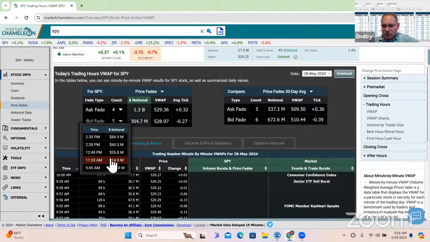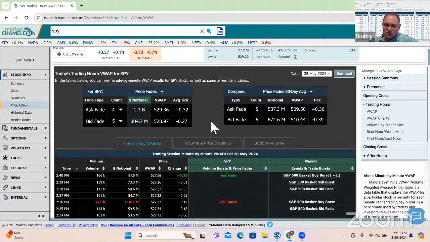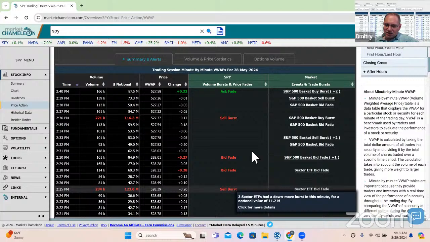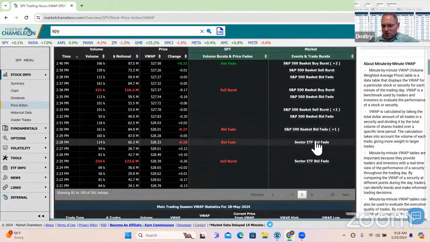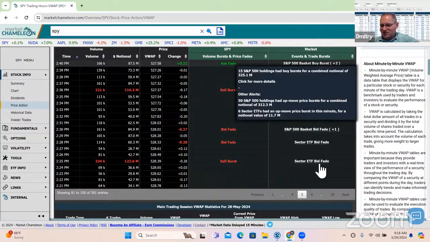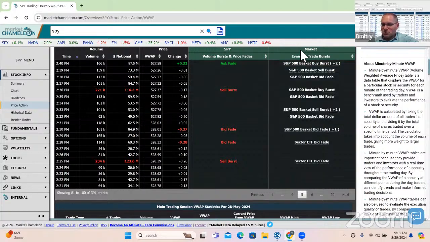One happened at 11:30. Here's two of them. Let's look at these, 228, 230. So here we have a bid fade and a bid fade. And again, there is a lot of stuff also going on in the marketplace around that time that could explain it.